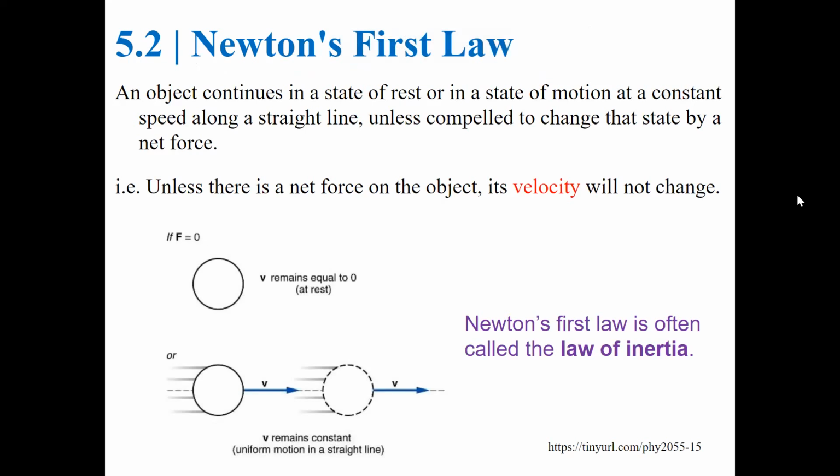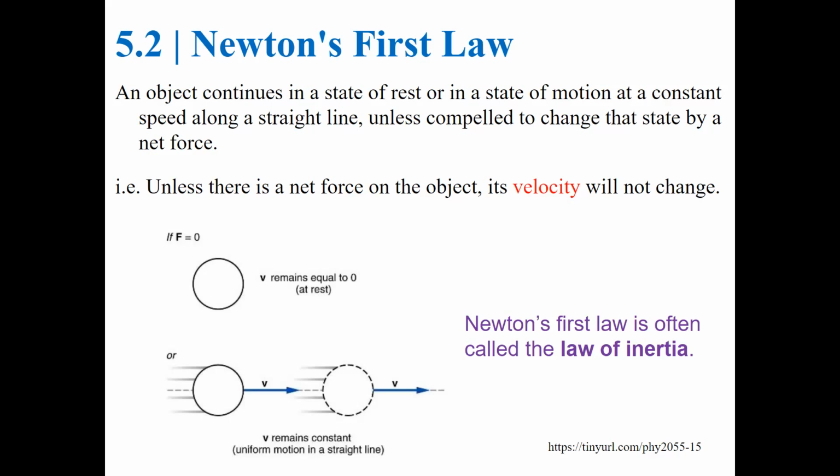It's a long sentence, but in short: unless there's a net force on the object, the velocity will not be changing. If it's in a state of rest, that just means the velocity is equal to 0, so it will remain 0.